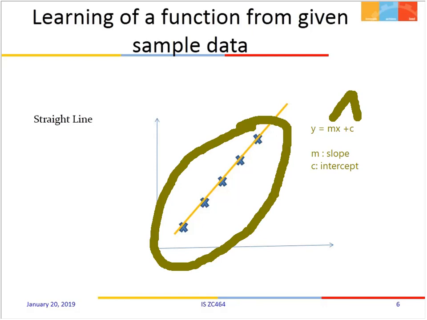But you can understand, whenever there is a term like best fit, or it goes through the maximum number of points, the terms like maximum, minimum, best, all correspond to an optimization process behind. We will see how regression can be viewed as an optimization problem later.